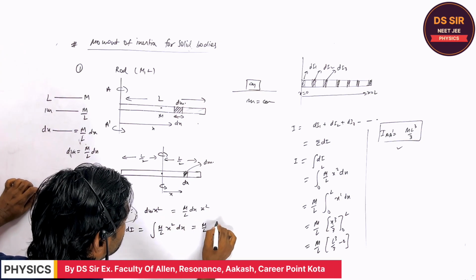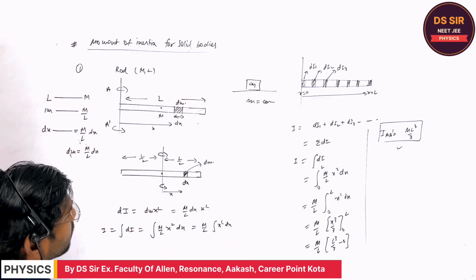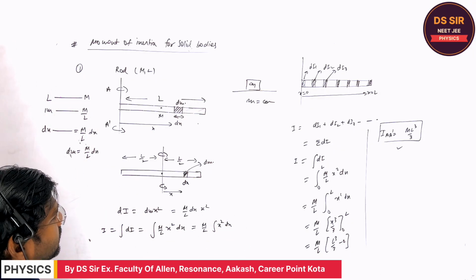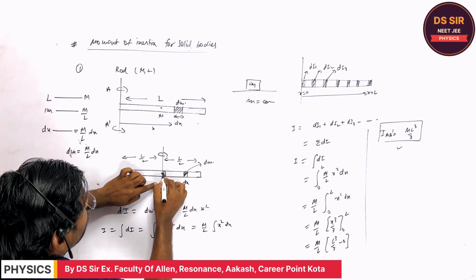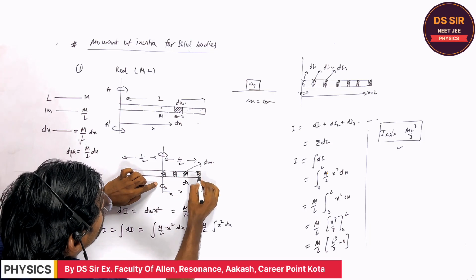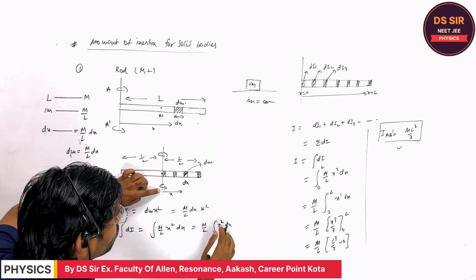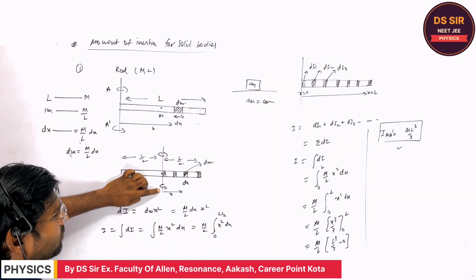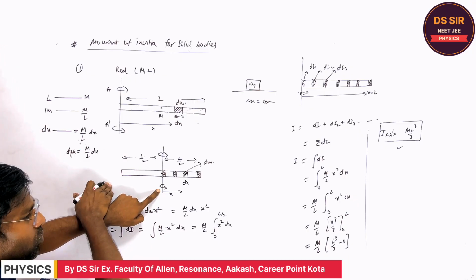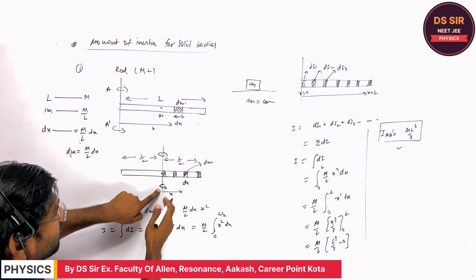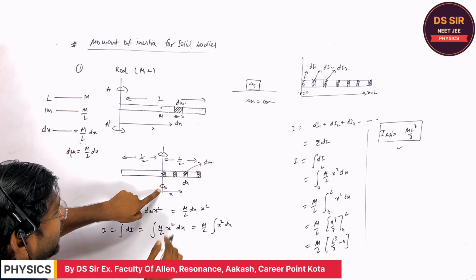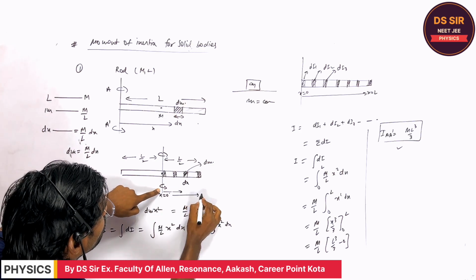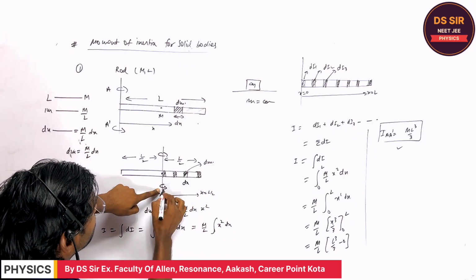m by L. Can you tell me from where to where these elements you have to take? The element starts from here and it goes from 0 to L by 2. If you consider it 0 to L by 2 integration, then you have to multiply by 2, then you will get the correct answer. But listen one thing, the elements are not present only from 0 to x equal to L by 2, right?